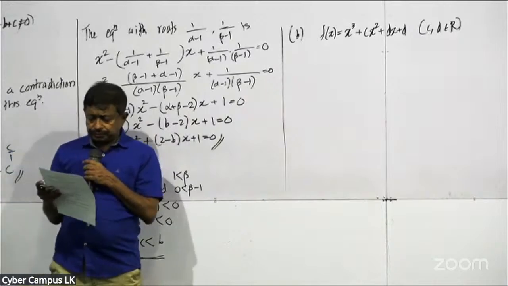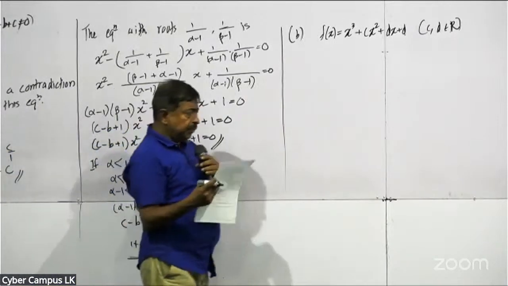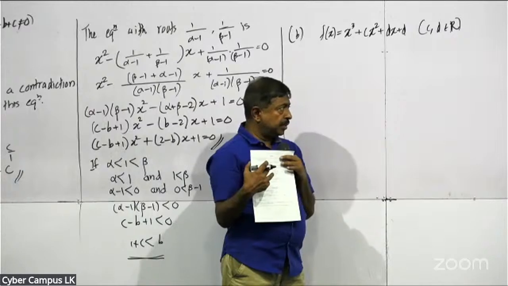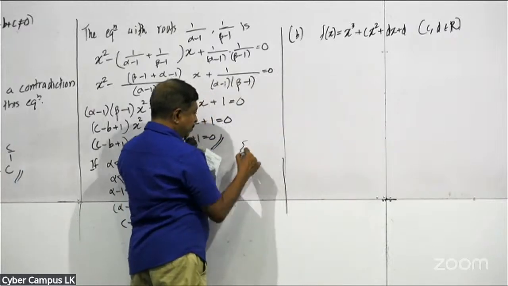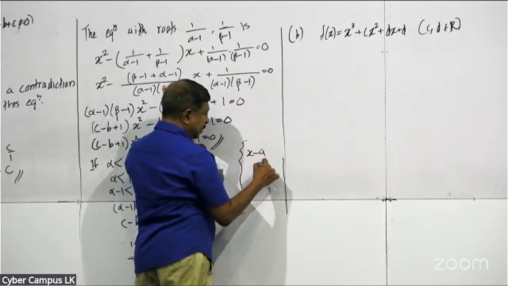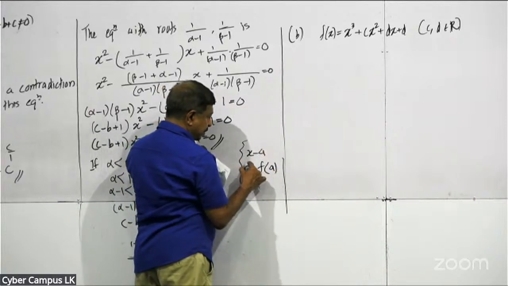Now, you know what the remainder theorem is, right? When you divide something by x minus a, the remainder is f of a.